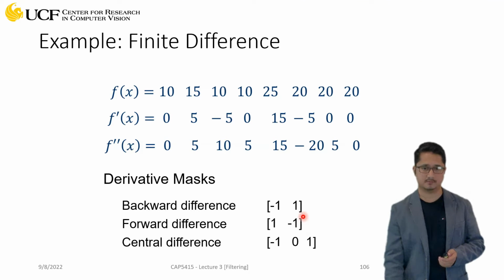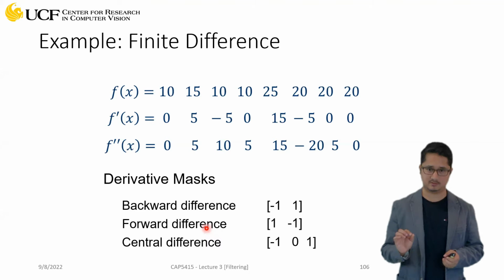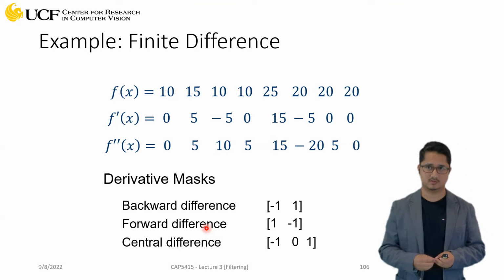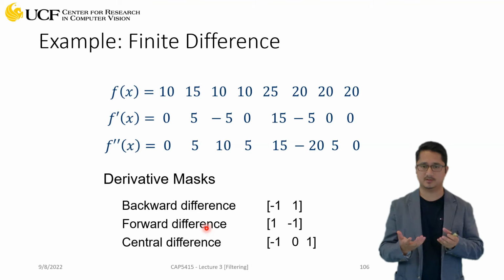I think I might have confused you. Backward difference and forward difference will have the same kind of result. Central will definitely have a different effect. They're all derivatives, but they're taking a different delta. So the neighborhood on which they operate is different, and of course the result will be different.